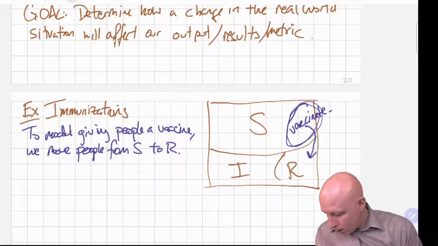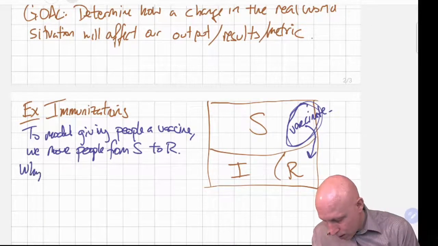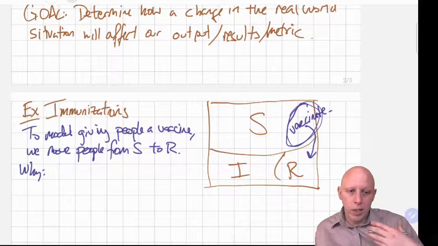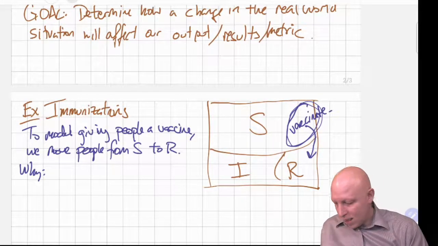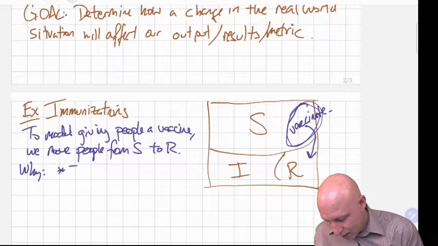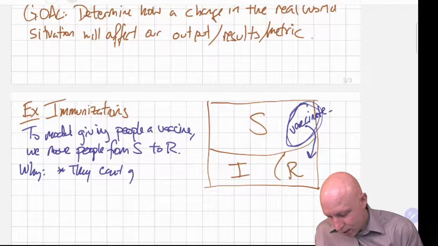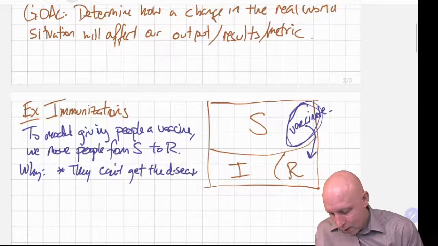So why does this work? Why do we do this? When somebody gets vaccinated, they can't get the disease, and they can't infect anyone.